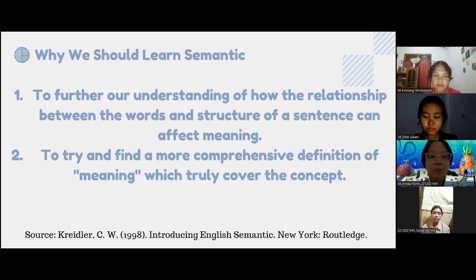Okay, so after all the explanations, we can study why we should learn semantics. The first reason is to further our understanding of how the relationship between the words and structure of a sentence can affect meaning. And the second one is to try and find a more comprehensive definition of meaning, which truly covers the concepts.